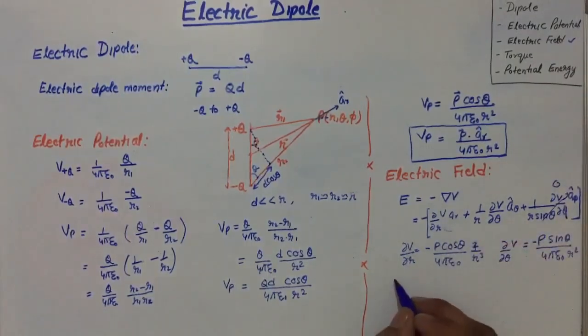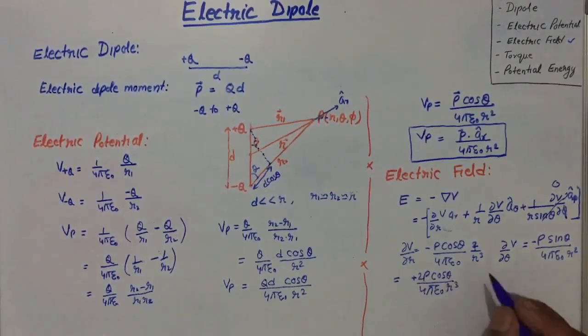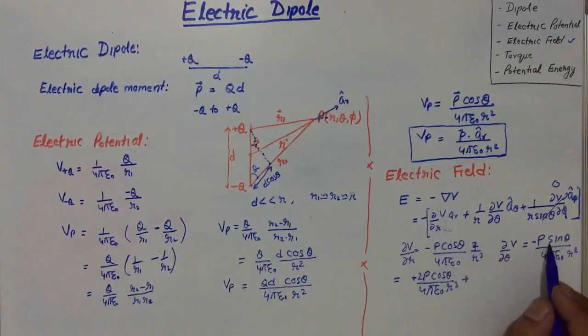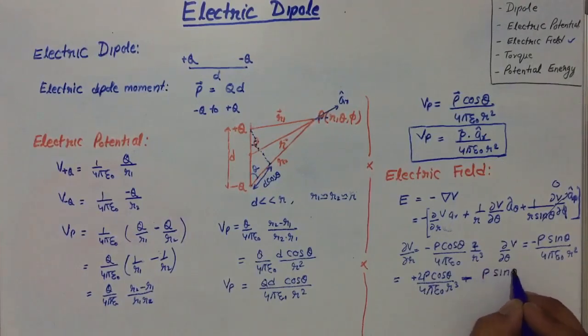So we can write minus this and minus this. So it should be plus p cos theta divided by 4 pi epsilon naught r cube, and this 1 by r, this is minus p, so it should be minus p sin theta over 4 pi epsilon naught r cube.